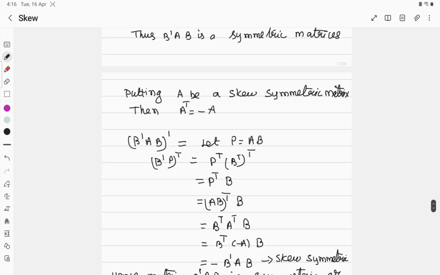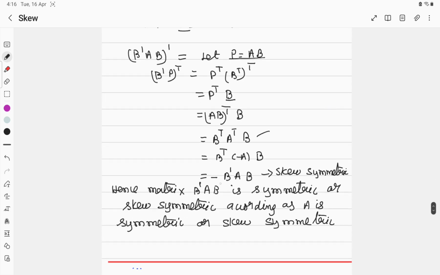Similarly, we have to prove this taking A as skew symmetric. A dash is equal to minus A. Taking B dash AB transpose, here also we take AB as some P. Therefore, it becomes B dash P transpose, which is P transpose B transpose of transpose, which becomes P transpose B. Substituting AB, that is B transpose A transpose B. Substituting A transpose is equal to minus A, it becomes minus of B transpose AB.